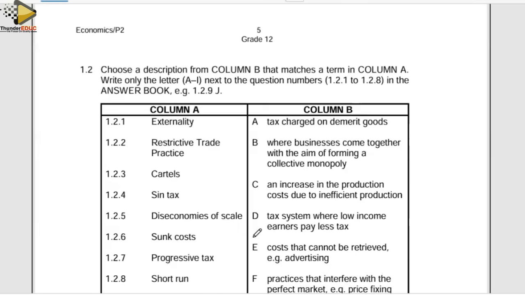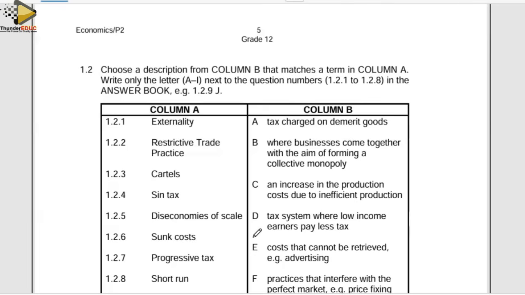For example, job creation. It is now able to offer employment opportunities for the society. It's an external benefit. Or infrastructural development, a benefit to society. Or it can also pose costs to society. For example, if a business is operating in a society, it causes pollution in the form of air or noise. The people around are going to suffer.